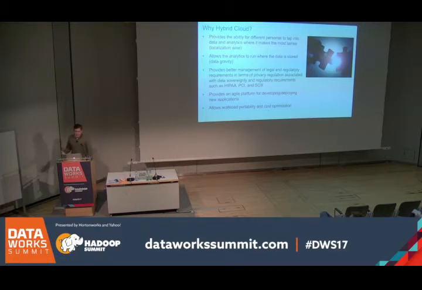So if you're going to go to a hybrid cloud strategy, you need to start thinking about data gravity. You need to process the data where it is instead of trying to move the data around.